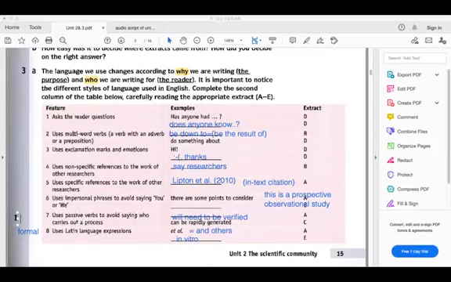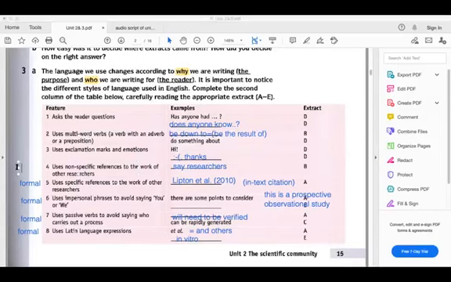So instead of saying who does this, we use the passive verb. This is also a formal way of writing. Using impersonal phrases to avoid saying you, we, I, this is also formal. Using specific reference to the work of others, in-text citation, of course, this is formal piece of writing. When you say specifically who did this work and the year of publication and so on, this is formal.